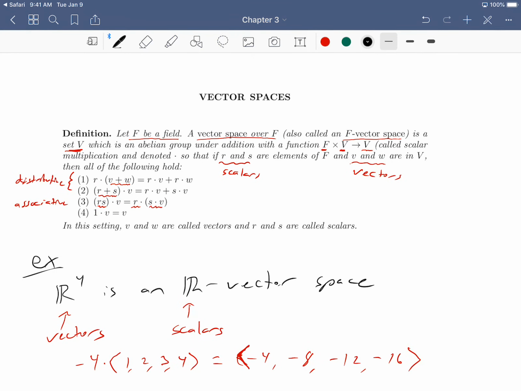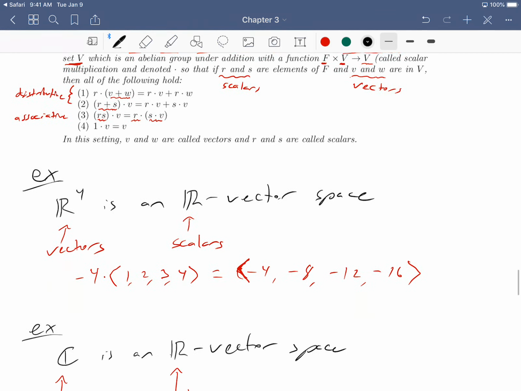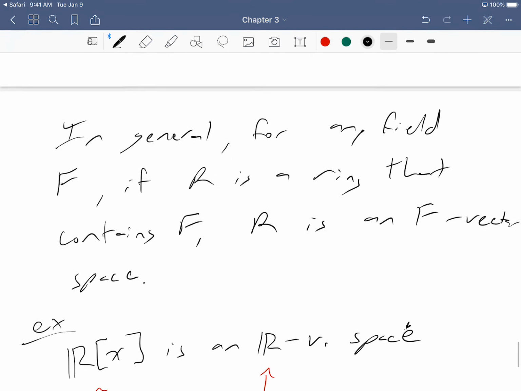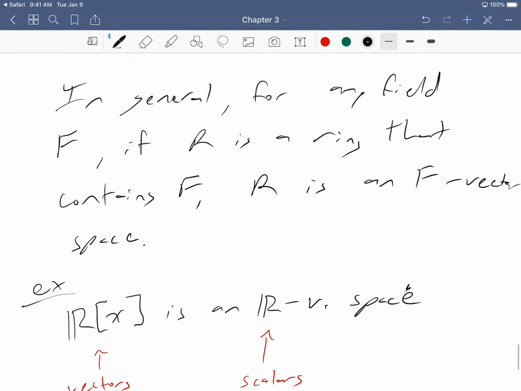When we have this setting of a ring over a field, then all of these are just coming from the ring structure and the field structure. The distributive property, the additive identity, associativity, these are all the same operations we're used to in the ring and the field, and we have all the things we need for this vector space interpretation.